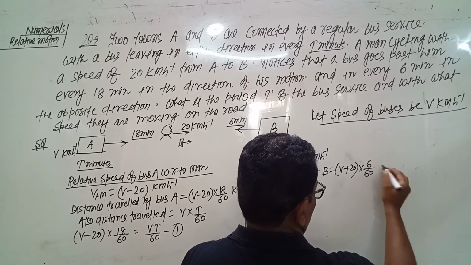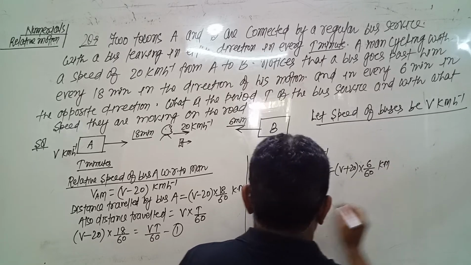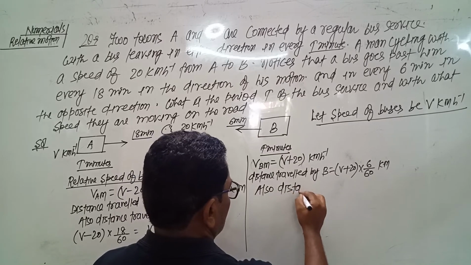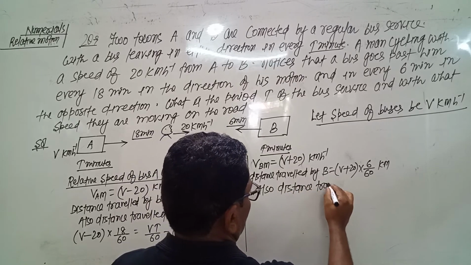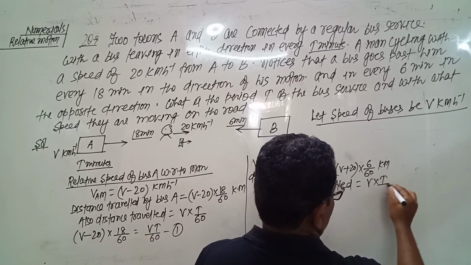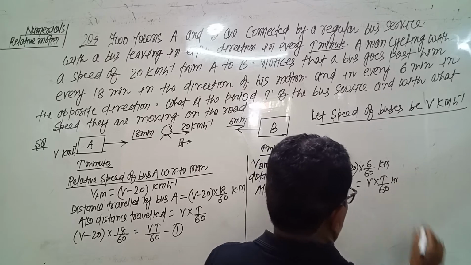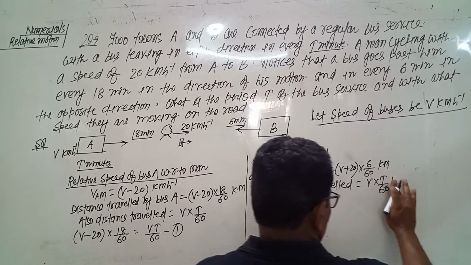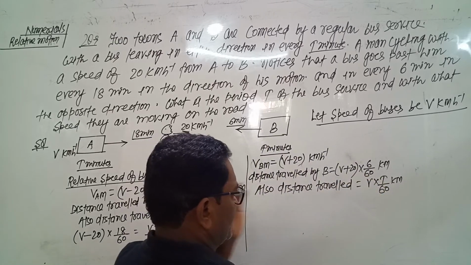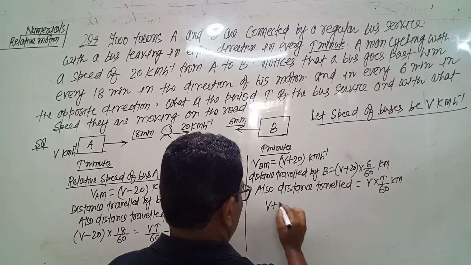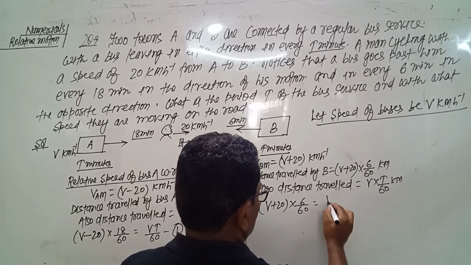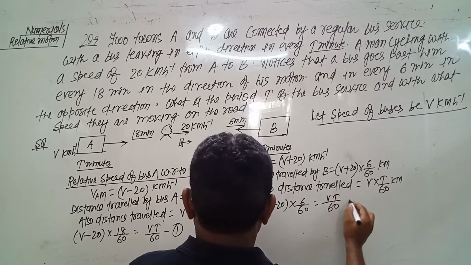Also distance traveled equals speed into time, so v into T by 60 km. Equating both distances: (v plus 20) into 6 by 60 equals v T by 60.